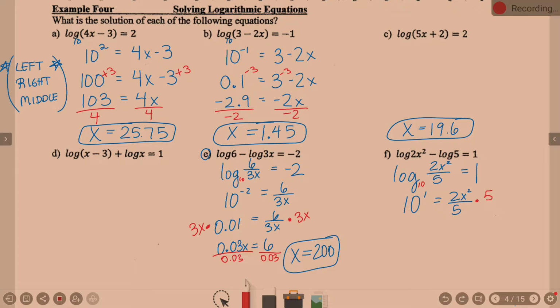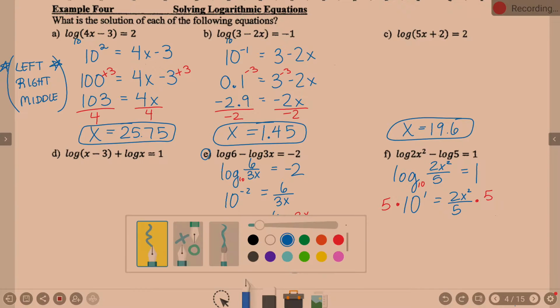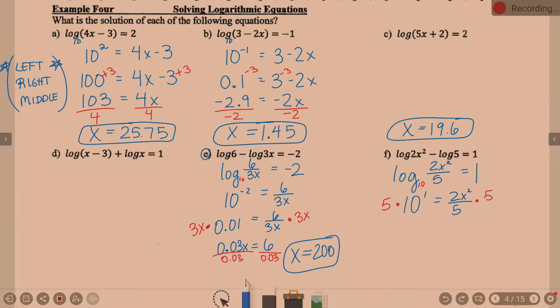If I multiply one side by 5, multiply the other side by 5. Tough math here. Stop and think. 5 times 10? Okay, 5 times 10 is 50. 2x squared is going to stay. The 5s will cancel.